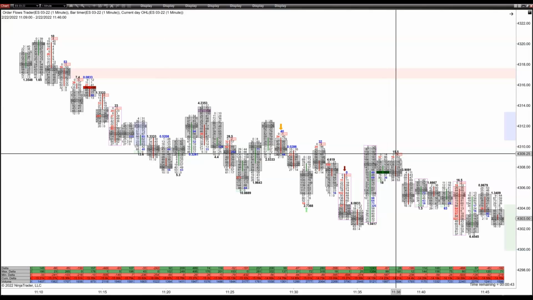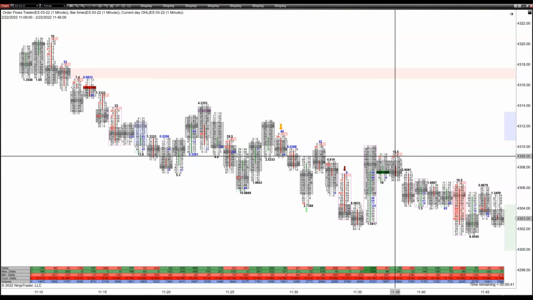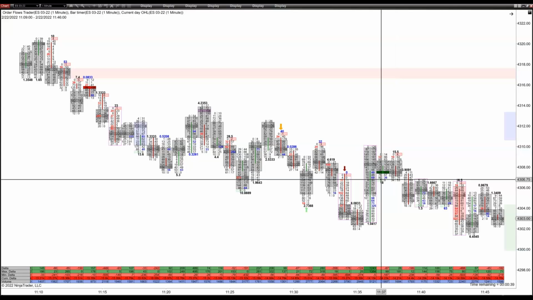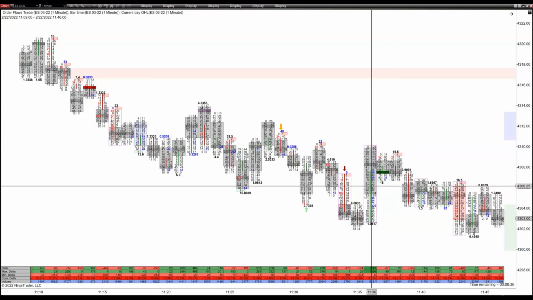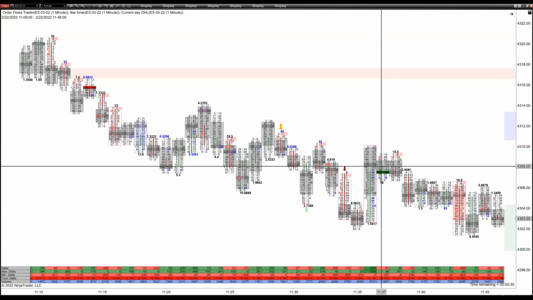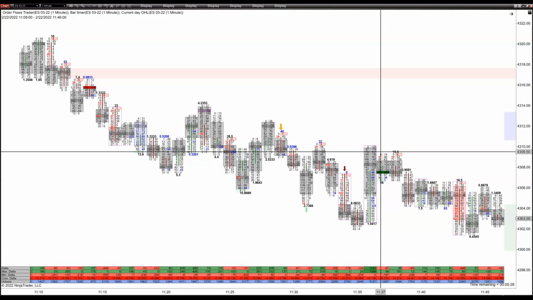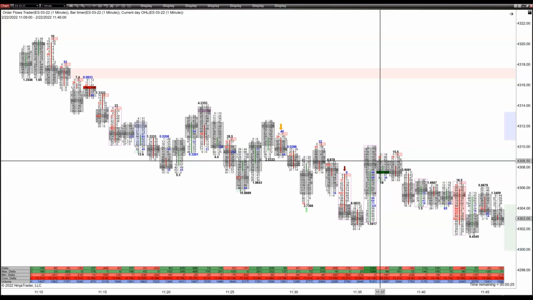Okay, so there's been a couple of times that you're expecting this market to rally and it couldn't even muster that rally. I mean, look at this bar here. Nice strong positive delta, plus 1200, 1243. But the next bar couldn't even go any higher, right? It just stayed inside the previous bar's value area.